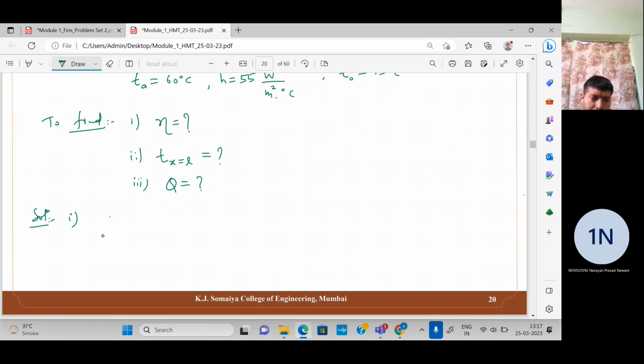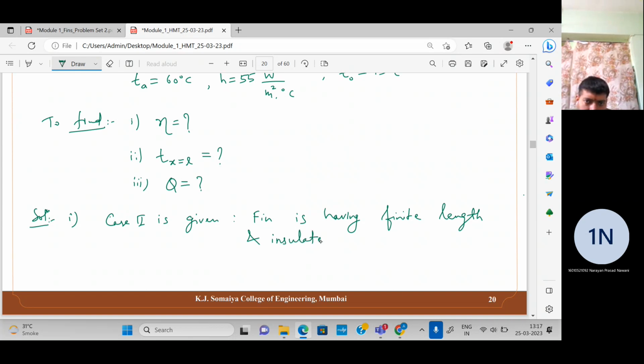So for case 2, as given in the problem, that means the fin is having finite length with the insulated end.